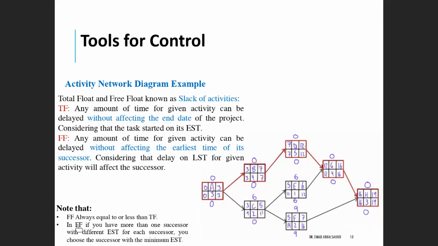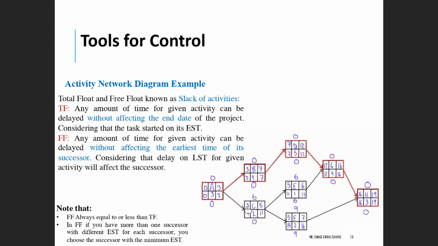If in the free float you have more than one successor with a different early start time for each successor, you choose the successor with the minimum early start time. Remember this case when we were working on activity A, and the early start time for B was 3 and for C was 3.